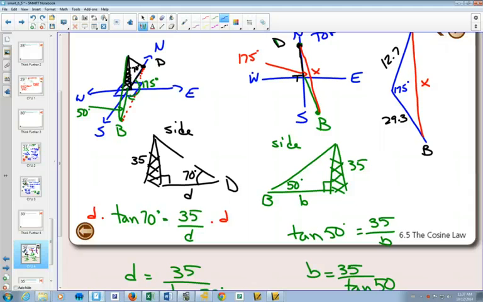12.7 away. And Brenda's down there for 29.3. Now we have three pieces of information in that triangle. Sine law, cosine law, or SOHCAHTOA? It'll be the cosine law.